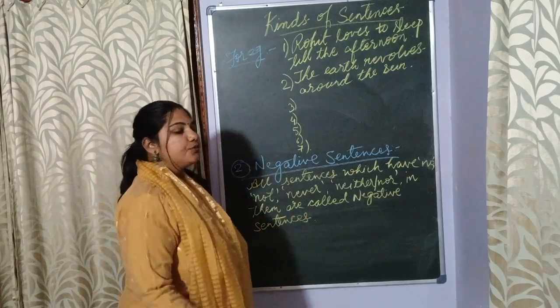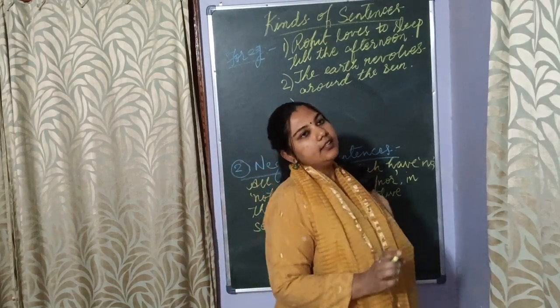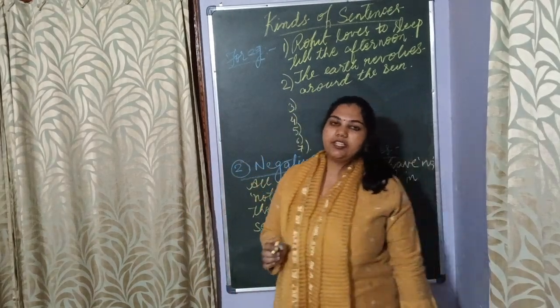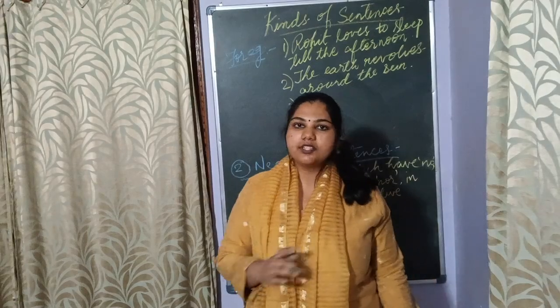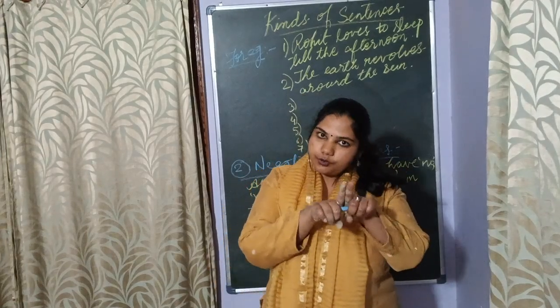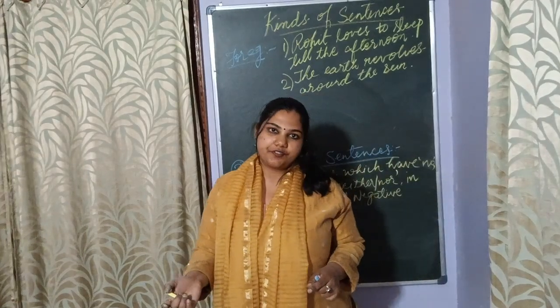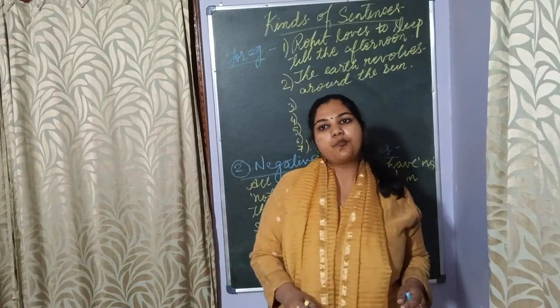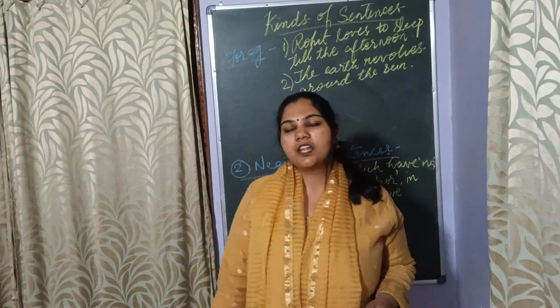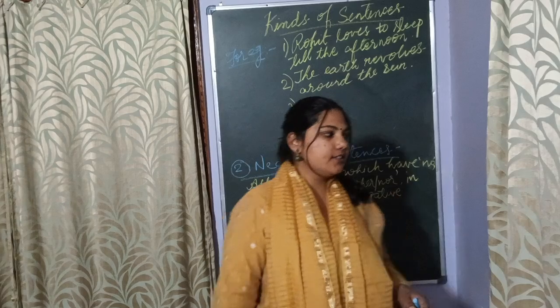Now here I want to draw your attention to this error that most people make. If in a sentence you use not 2 times, it turns out to be a positive sentence. For instance, you could think of a sentence like this.